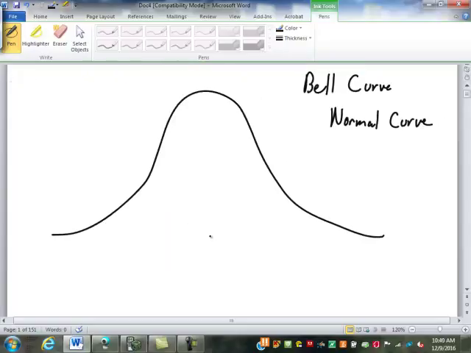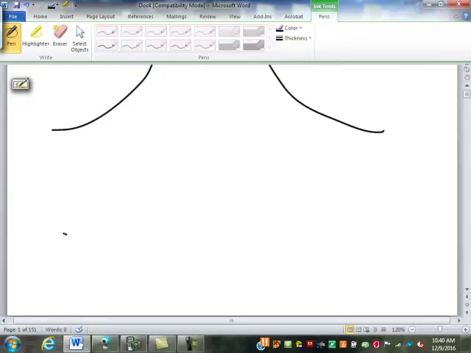The way it kind of works is this. Let's say you take a number line and put in all the possible values. Let's say that on the last test, we have scores from 60 up to 100.